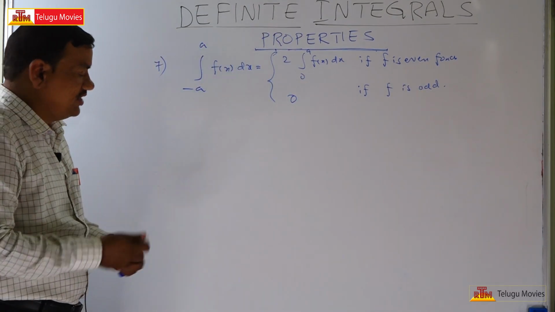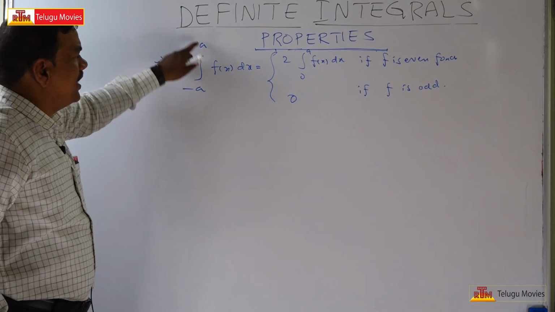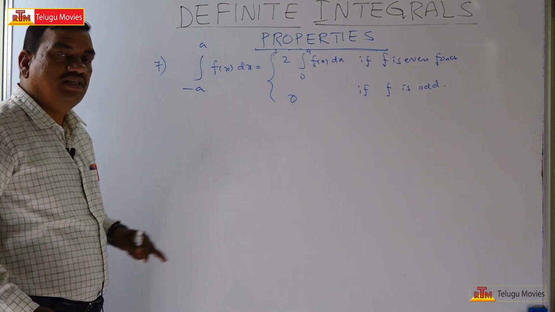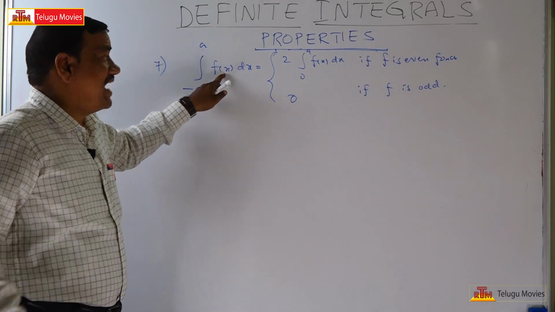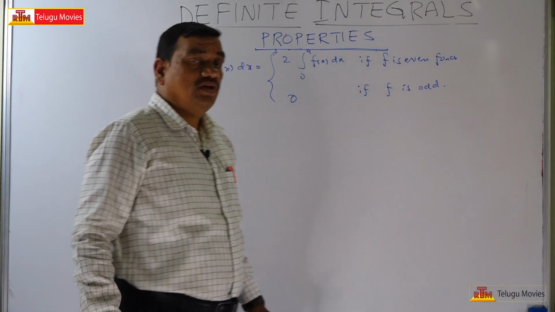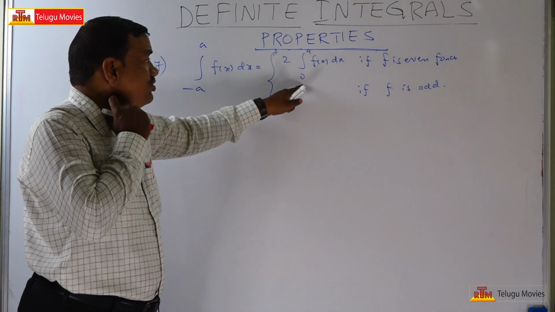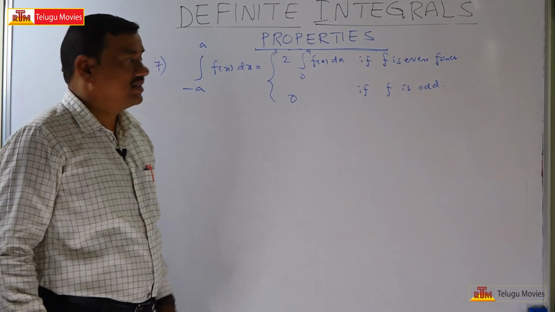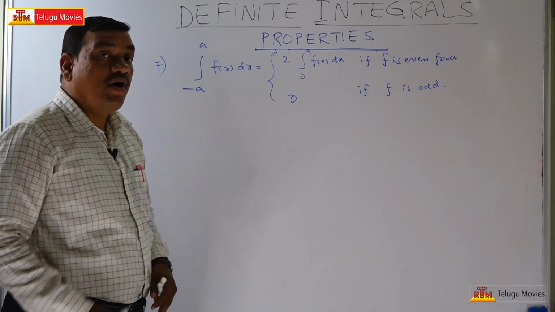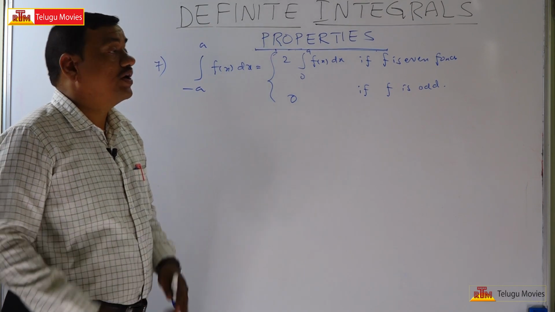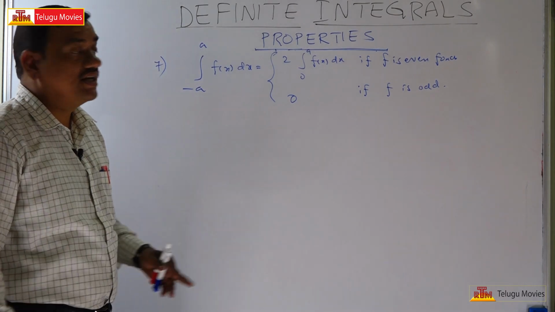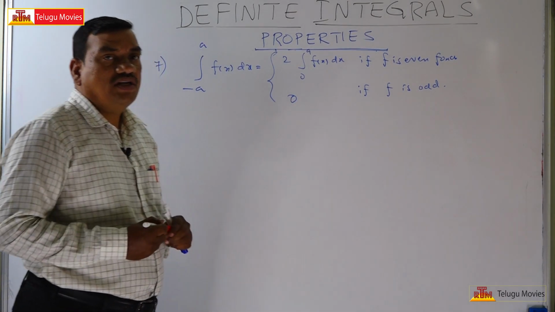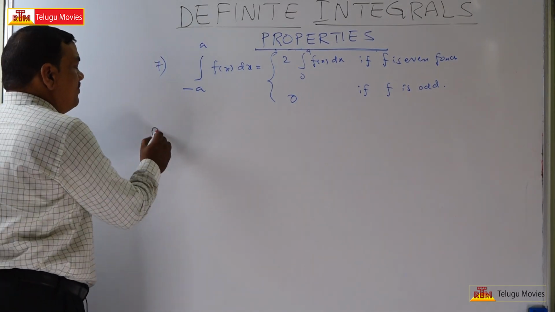Whatever the integrand may be, if it is an even function, the answer is 2 times the integral 0 to a of f(x) dx. If this integrand f(x) happens to be an odd function, then the definite integral value is simply 0. The proofs of these theorems are very easy.